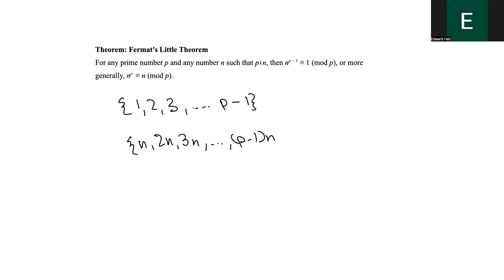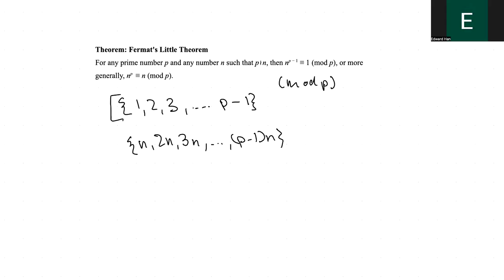And so what we did is that we multiplied each element by n. But remember, we're doing all of this under a mod p scenario. So, by the existence of modular inverses and the fact that multiplication is commutative, we can see that these two sets are equal.